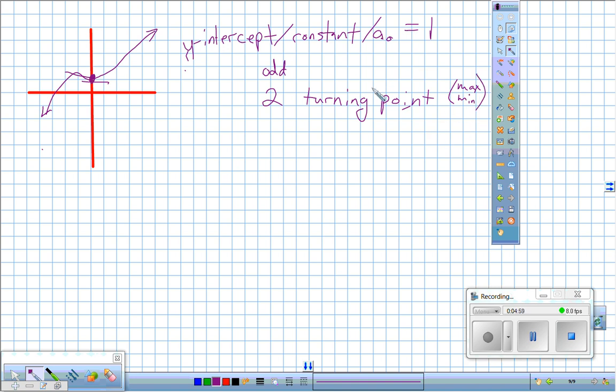So I only have two turning points, so I would probably say this is something cubed, and then I'm going to have plus 1 at the end. I don't really care if I have a plus 500x squared. It does not really matter what happens in here. The only thing that matters out here is that I know this is going to be a positive x cubed.